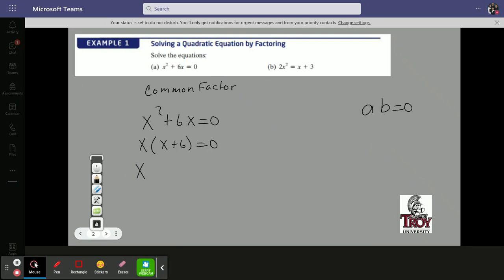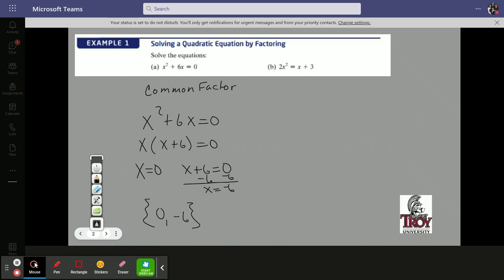I can't have a 0 in the answer if one of these guys is not a 0. So I'm going to say, all right, this X equals 0 or X plus 6 equals 0. So my solution set is 0 and negative 6.